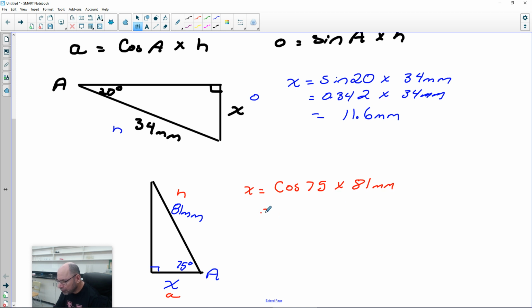Not very difficult, so we just plug that in. Cosine 75 is 0.259. We multiply that by 81, and I get 20.96, or about 21.